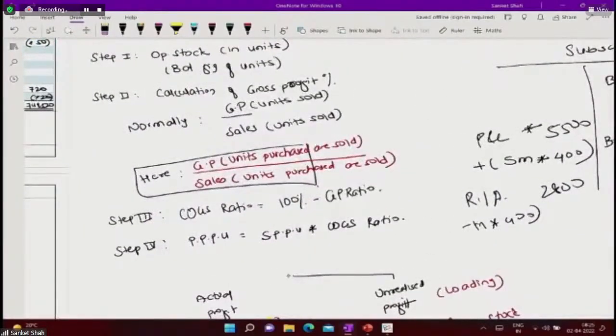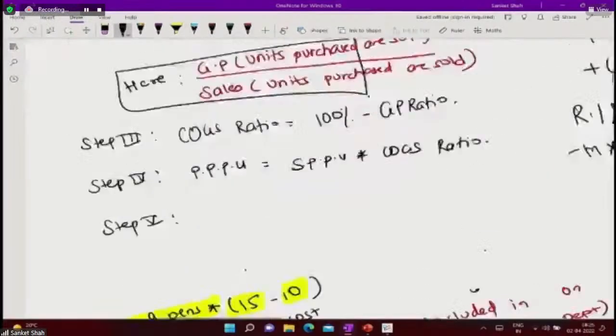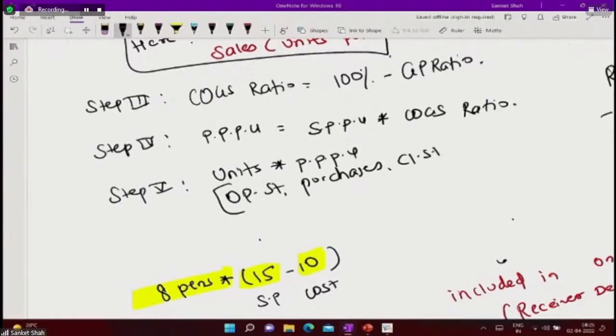Step 4 we have finished. And what is step number 5? Units multiplied by PPPU for opening stock, purchases, and closing stock. And what is step 6?